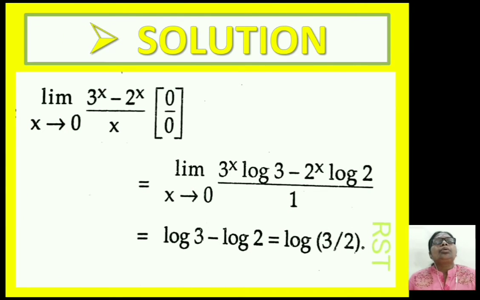So the limit of 3 raised to x minus 2 raised to x upon x as x tends to 0 has denominator form 0 by 0. So we use L'Hospital's rule.